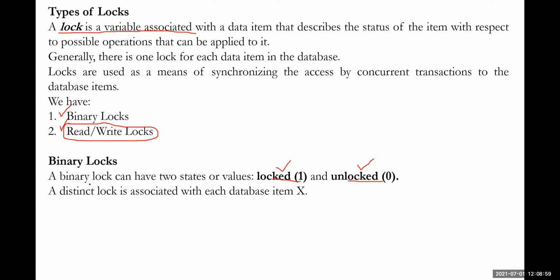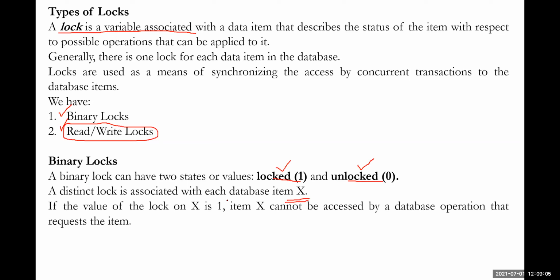On database item X, there might be several locking mechanisms operating here. If lock on X is equal to 1, X cannot take any other operations from any other users, other than the person who has already acquired the lock.